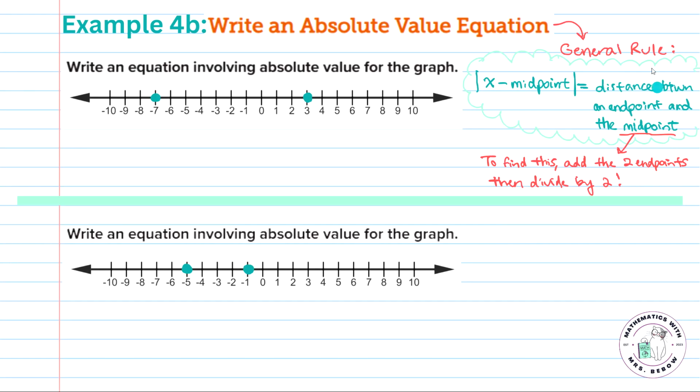So in the last video, I had given us this general rule, and all of this is great, minus this last piece of advice here, because when we have these solutions that are in the negatives, we can't just add these together and divide by 2 to find the midpoint. So we have to actually go through and think about how far each of those values is away from 0 and go from there.